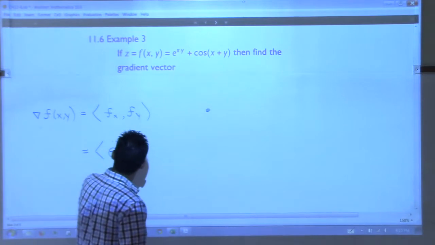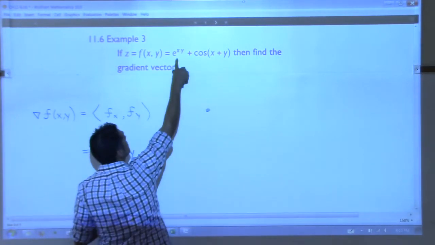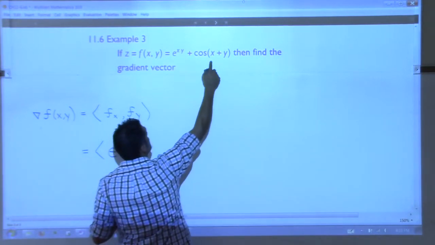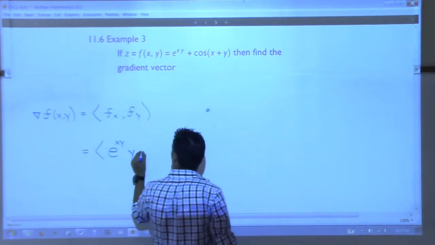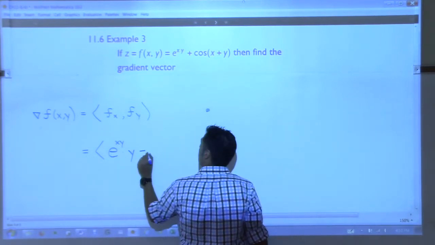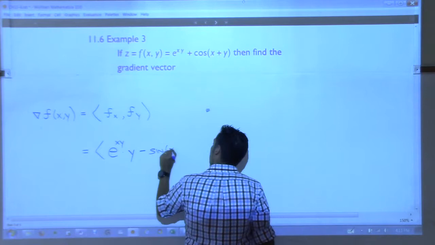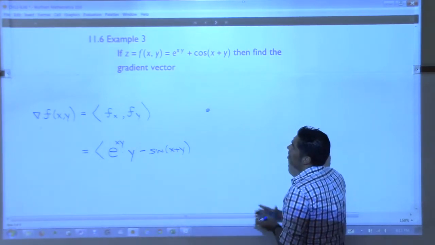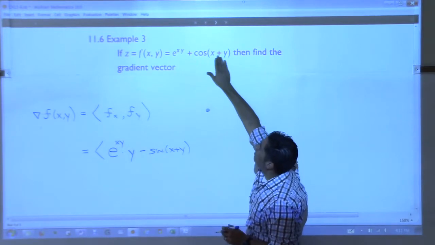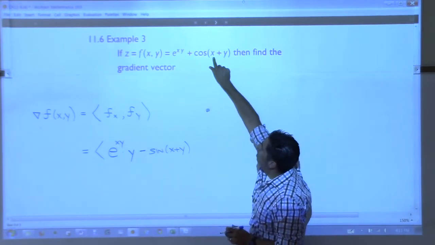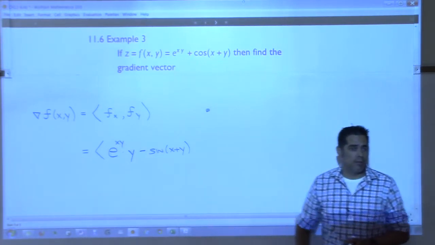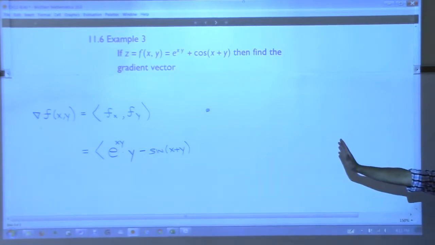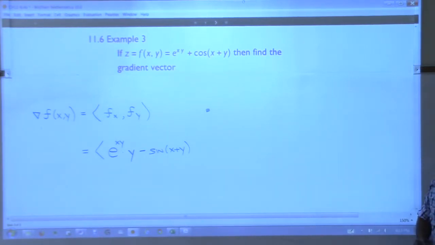Then the derivative of the other part with respect to x is minus sine of x plus y, times the derivative of what's inside with respect to x: 1 plus 0, so just 1. That's the derivative of f with respect to x.